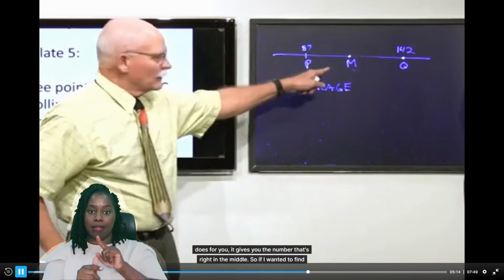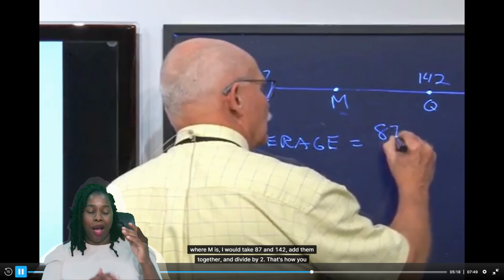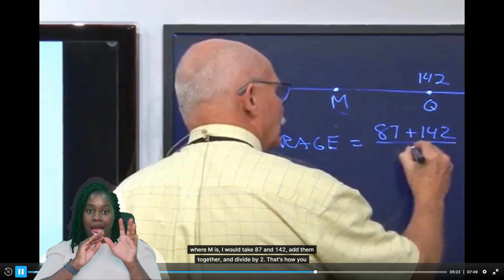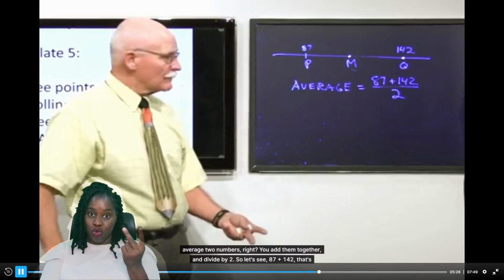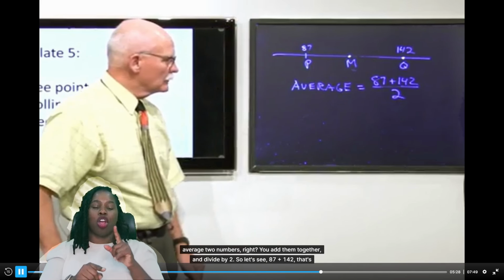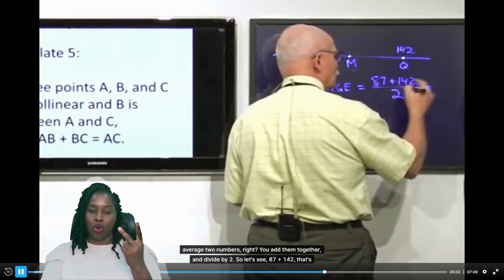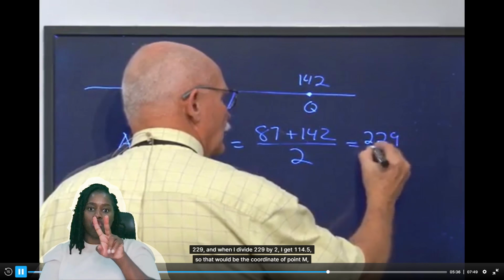So if I wanted to find where M is, I would take 87 and 142, add them together, and divide by 2. That's how you average two numbers, right? You add them together and divide by 2. So let's see. 87 plus 142, that's 229.